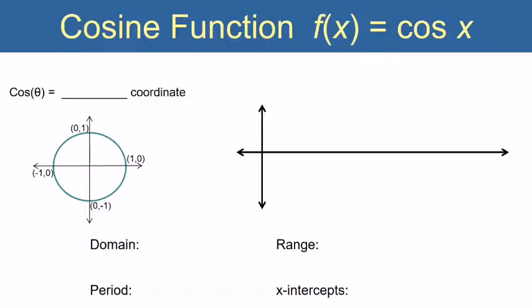Okay, now let's do the same thing for the cosine function. So remember that cosine theta on the unit circle is the horizontal coordinate. And here I've got us another unit circle and another coordinate system. So we'll do the same thing we did for the sine function, only instead of thinking about the vertical coordinate as we go around the circle, we'll think about the horizontal coordinate.